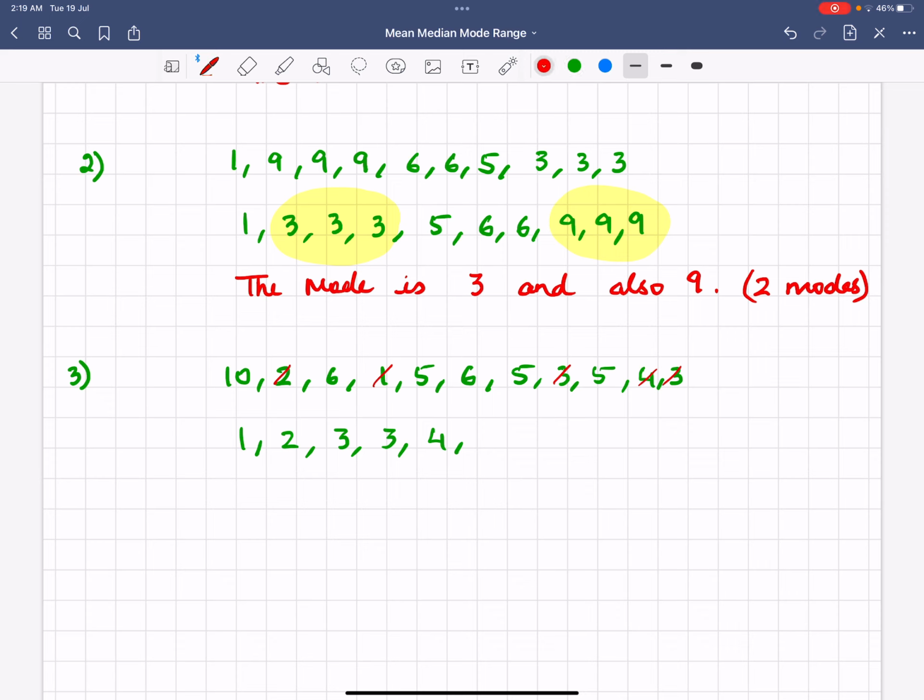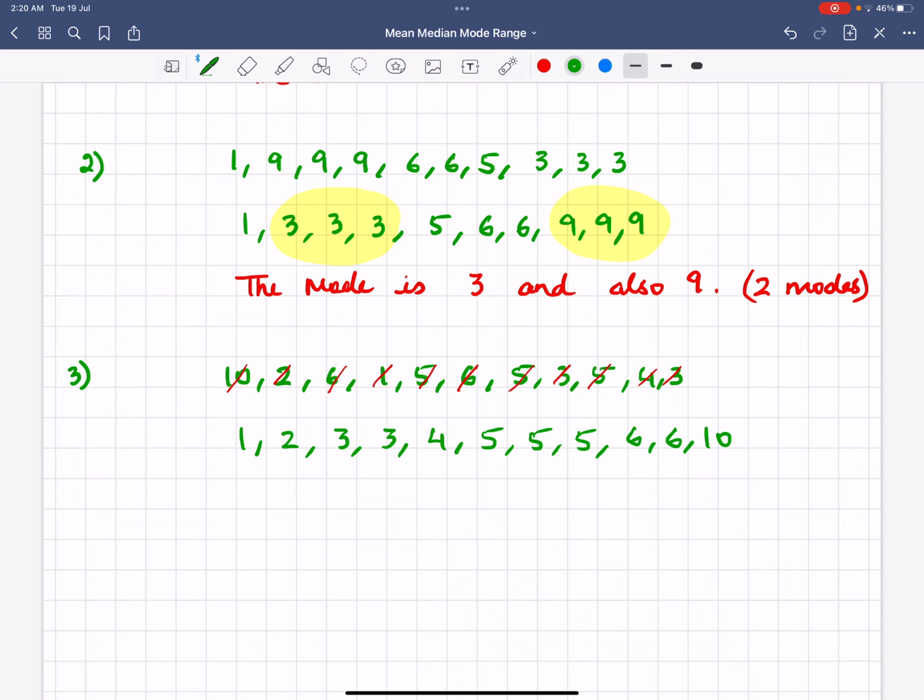And then we don't have any other 4. Then 5, 5 and 5. And then we have 6 and 6 and then 10.